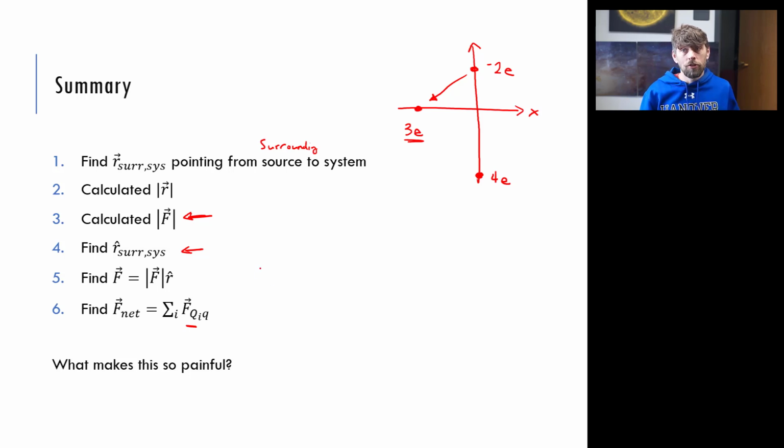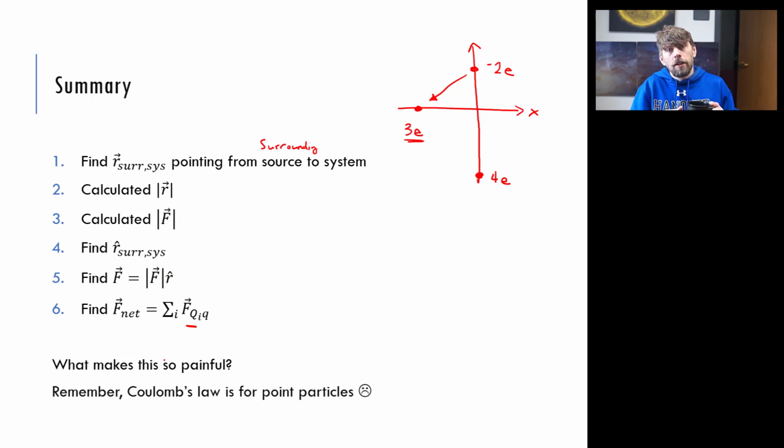The more charges that we have to do in this summation, the more arduous the technique becomes. The second thing that makes this particularly painful is that the entire time we have to worry about the direction of each of the individual forces. They're not always in the same direction. So those 2 things make it particularly painful.